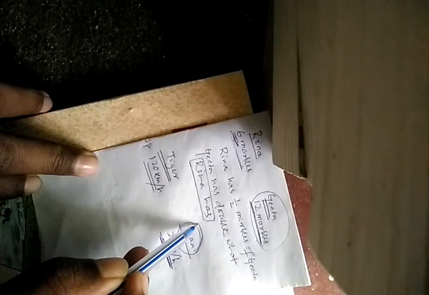So how can you compare them? You can say that the speed of a man is 1/6 of the speed of a tiger.